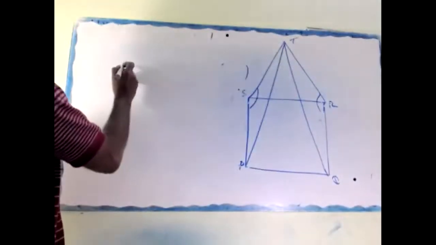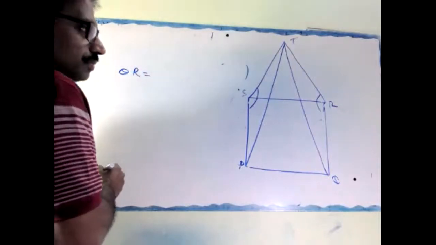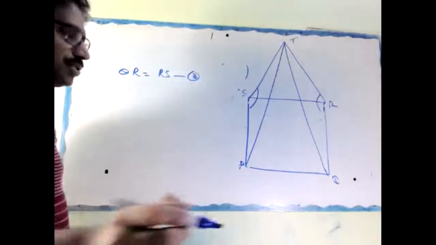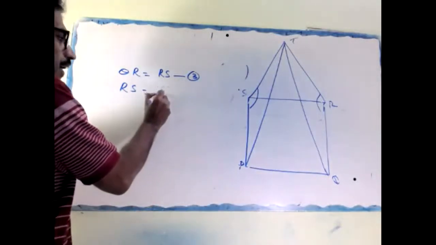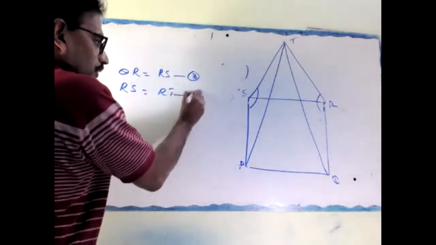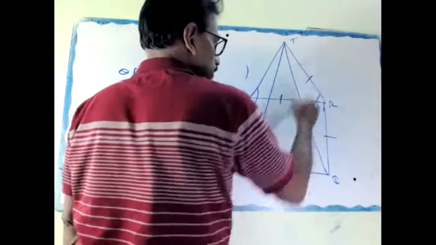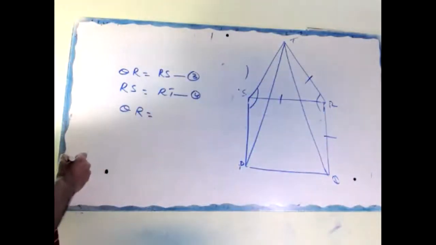QR, look at here now. QR equal to RS, number 3. 1 and 2 you use now. RS equal to RT, number 4. This one equal to this equal to this one. Therefore, QR equal to RT.